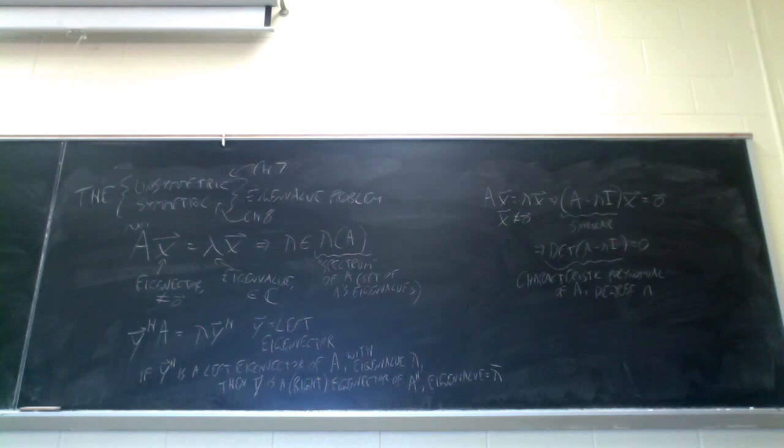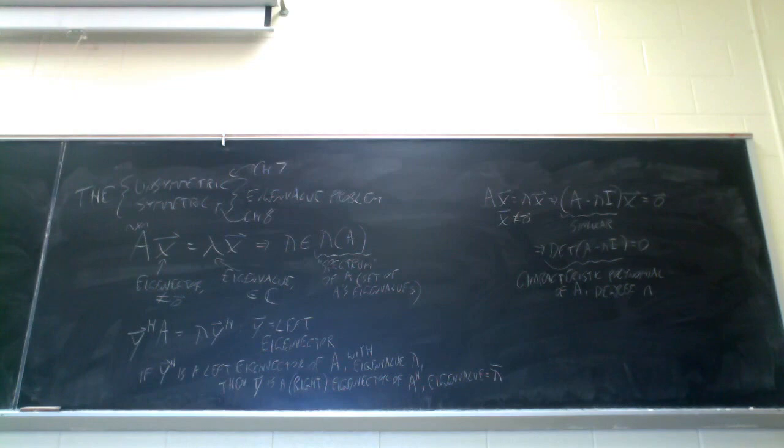But they could be complex, they could be repeated. Only when you take into account any multiplicities can you really end up with n values. But what this also means is if A is a real matrix, then the eigenvalues either are real or occur in complex conjugate pairs, just like polynomial roots do.